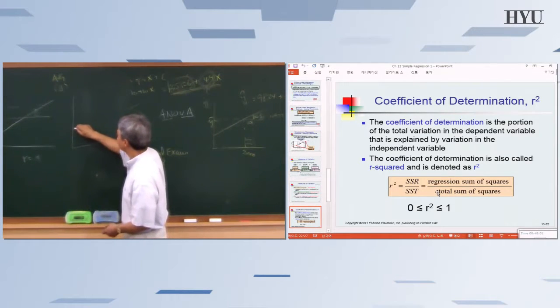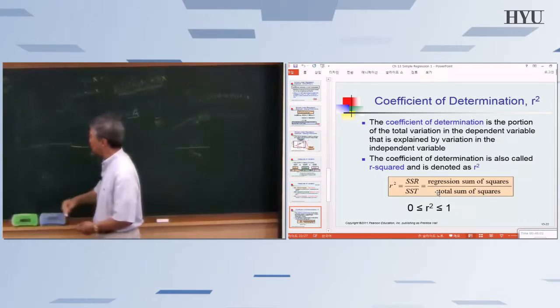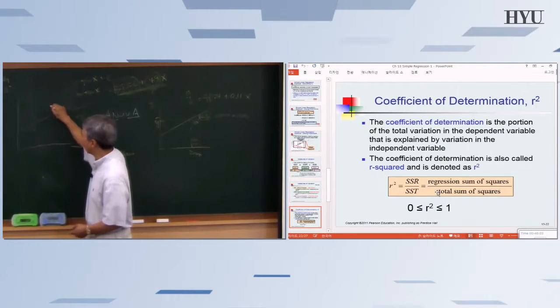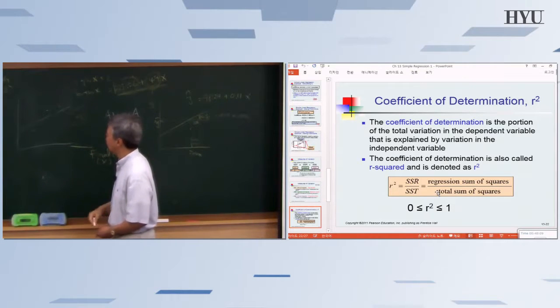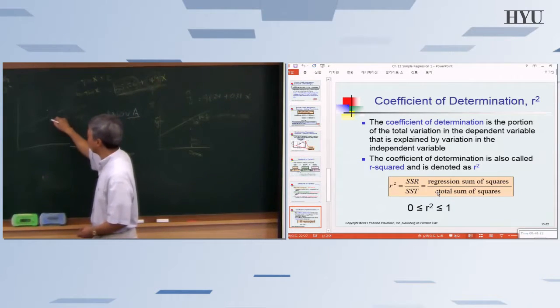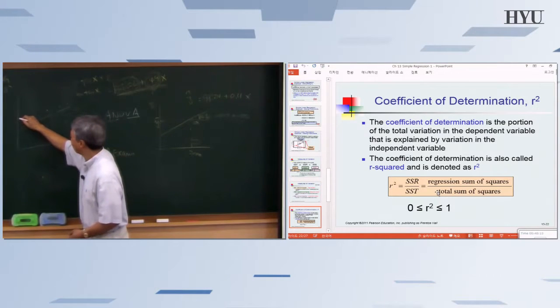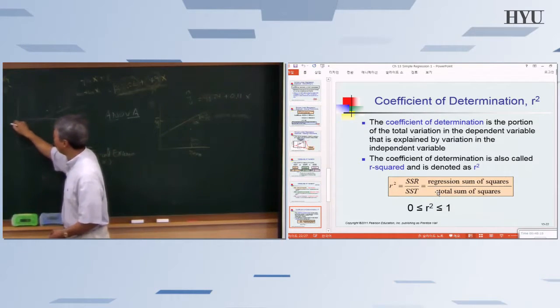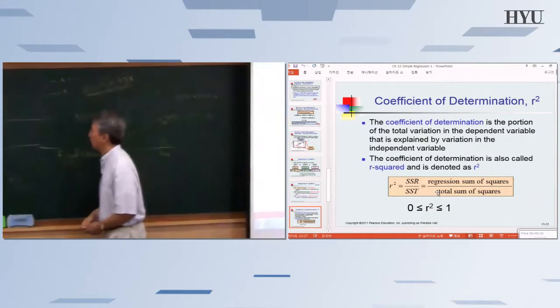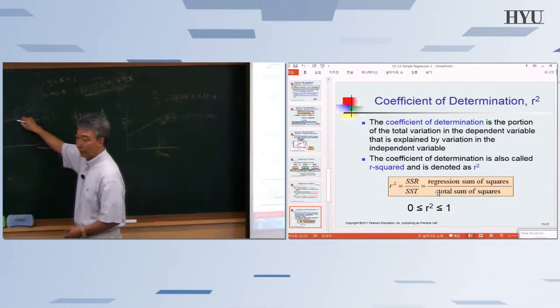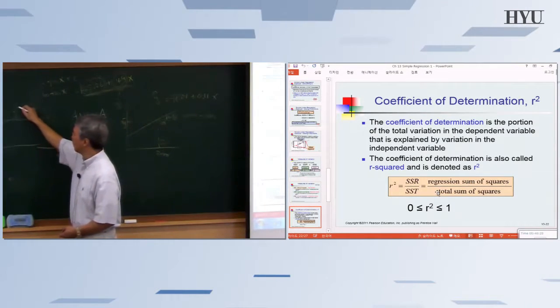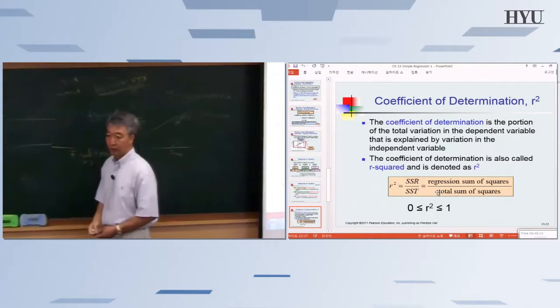As opposed to that, suppose you have the same regression line, but the data points are scattered widely. Suppose this is y bar, the grand mean. Then this is the total deviation. The explained deviation is only this much, and the unexplained deviation is that large.